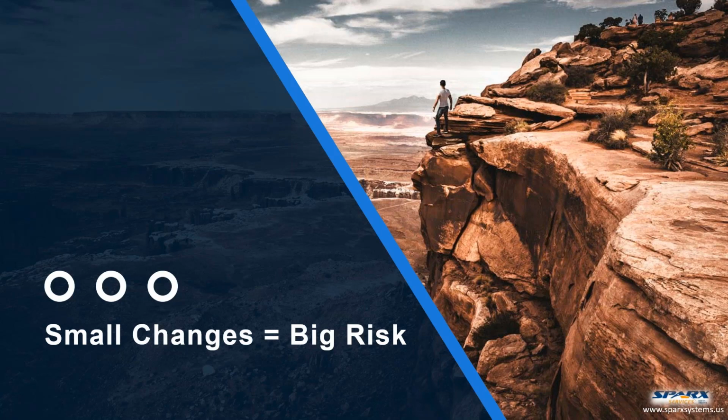The problem here is that the incremental changes are being made without awareness of the original intent of how the systems and processes were supposed to work, making it hard to assess the true impact of the change. And then over time, those little changes compound on each other and become big risks.